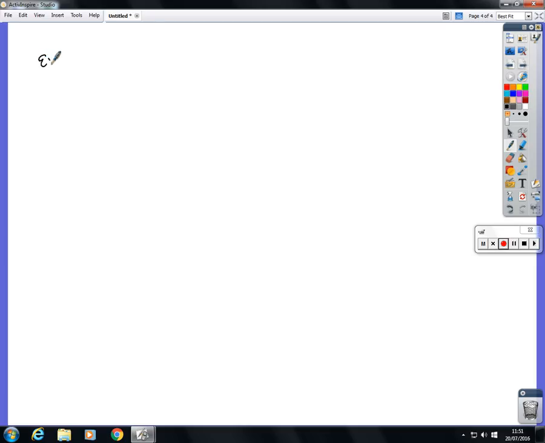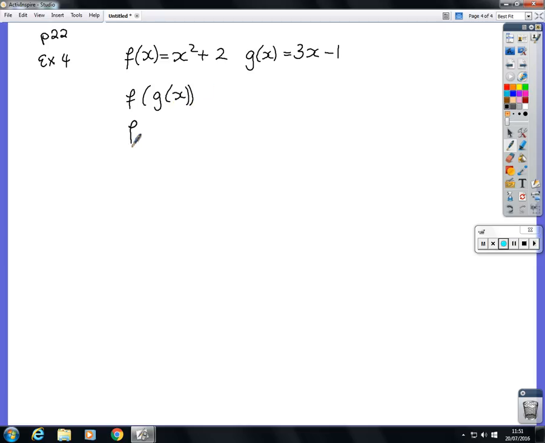Example 4. Page 22. F of x is x squared plus 2 and g of x is 3x subtract 1. We will find f of g of x. Copy f of x from the question, x squared plus 2.